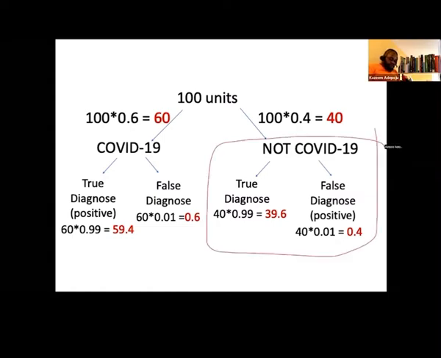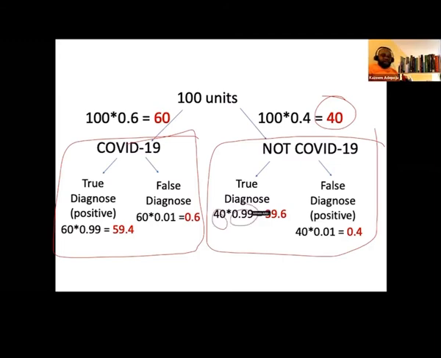Now let's go to the not COVID side. We've just talked about the COVID side. In the not COVID side, nature knows the truth. How many of the people do not have COVID? 40. Nature knows the truth. 40 do not have COVID. Now if 40 do not have COVID, if I multiply 40 by 0.99, which is the accuracy of the machine, it's going to give us 39.6.